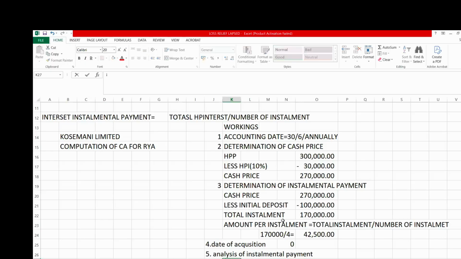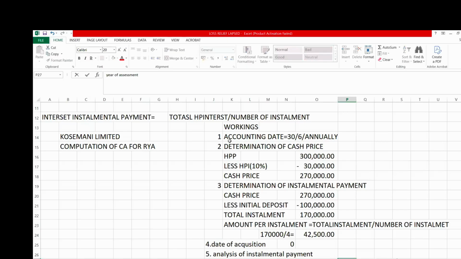We have installment date, then amount. We have basis period. Then we have total amount. Then we have year of assessment.